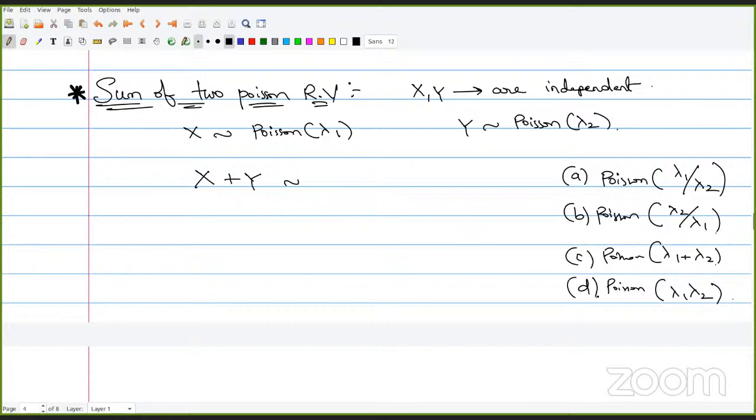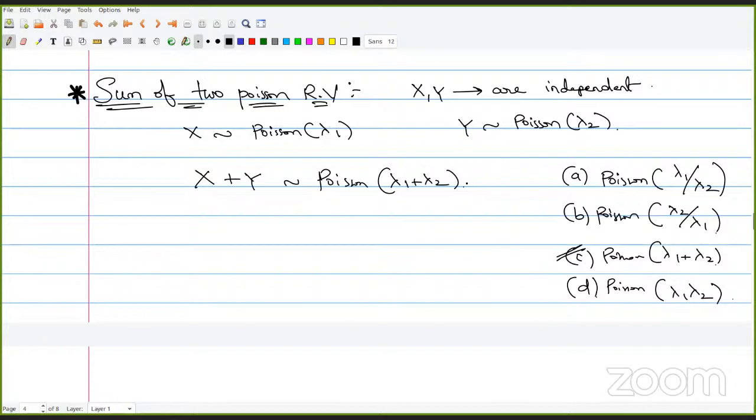Option C, lambda 1 plus lambda 2. It will follow Poisson lambda 1 plus lambda 2. You just have to add the parameter values of those two Poissons and make a new Poisson.